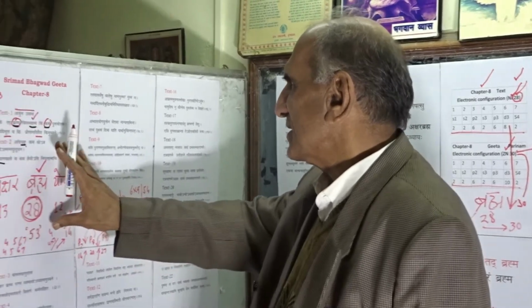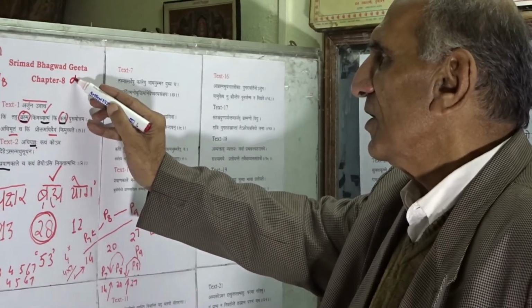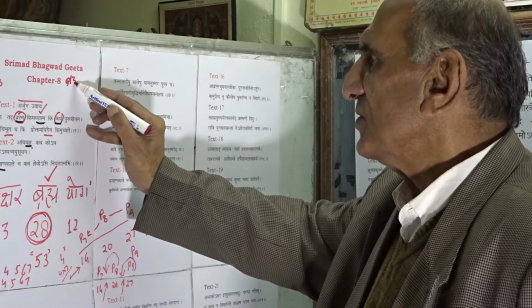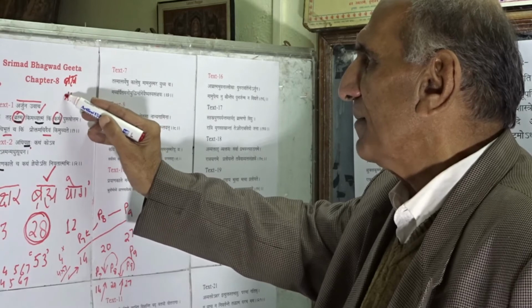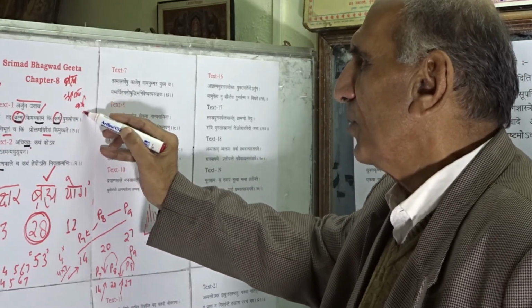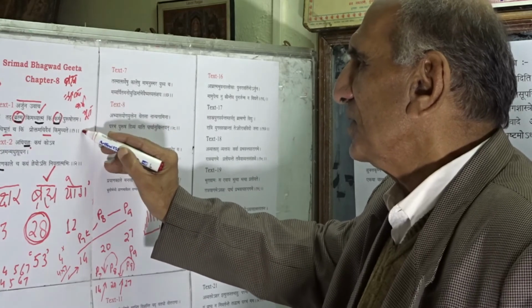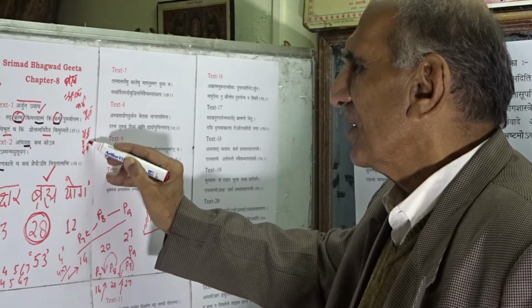All these features are the features, so we have to reach at the format features, the formulations Brahm, Atma, Karm, Bhut, Yagya, Dev, Purush.